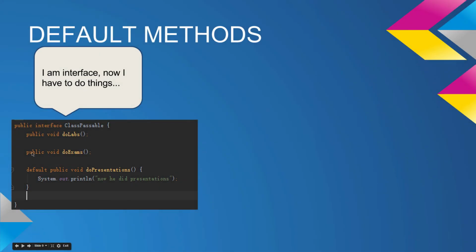So how does it work? A Java interface is now not a bad boss who doesn't do anything. Now we can put the default keyword right before the method declaration and give it a body. It says this method does this thing.